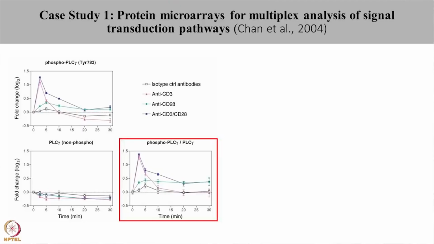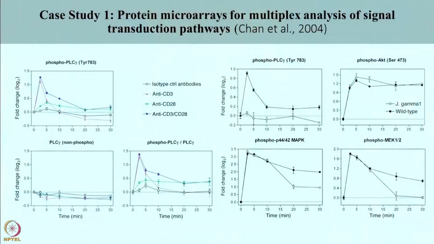and wild type Jurkat T cells were used to study the phosphorylation kinetics of the downstream signaling components. In this case, J gamma 1 cell lines and the wild type cell lines were treated with CD3 and CD28 antibody in combination. Different time points were studied.